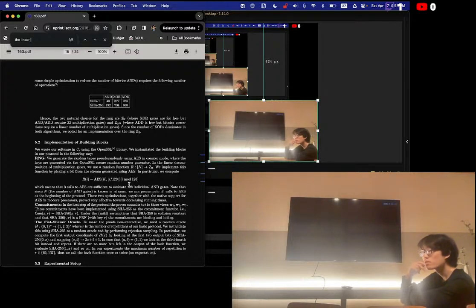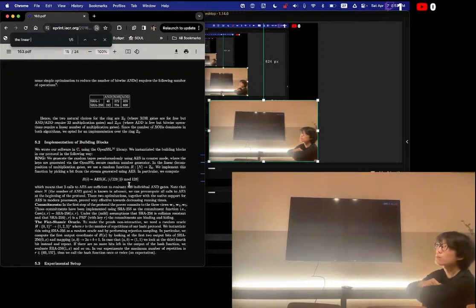Yeah. So I wonder if we can theoretically improve the recursion side, instead of directly embedding the verifier circuit into Groth16. Wait, say that again. Sorry.